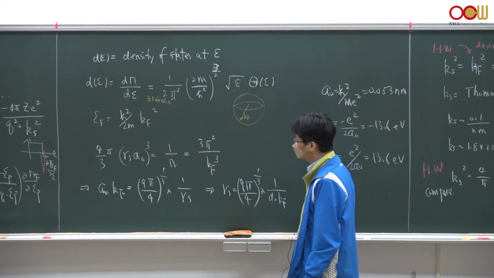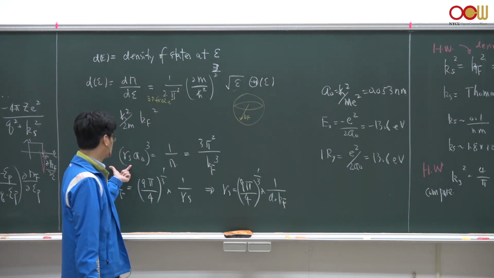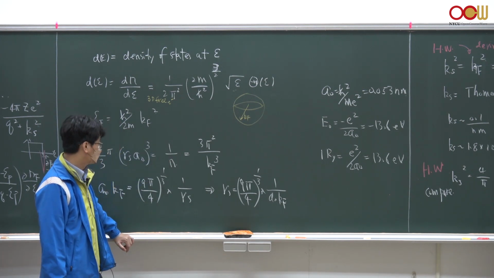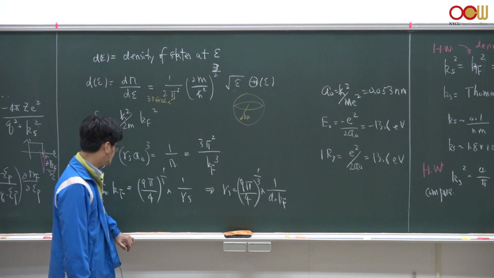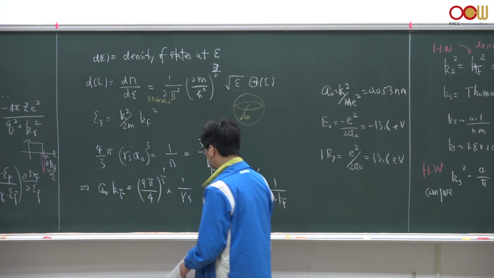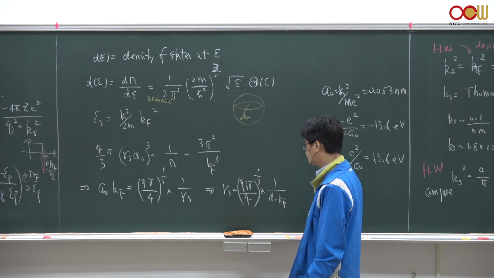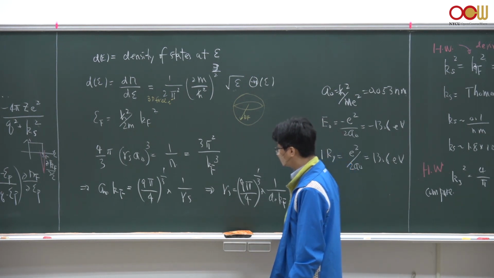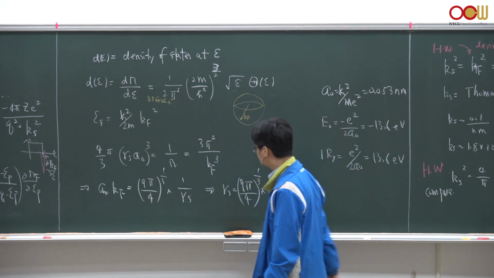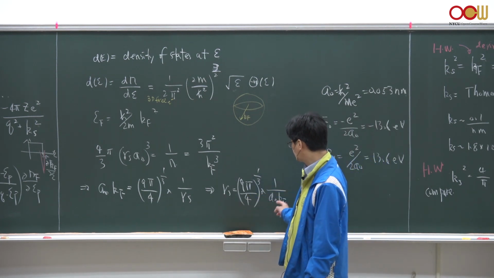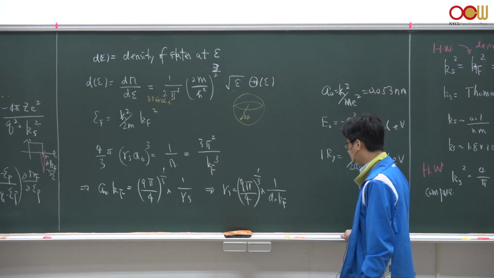The volume of the Fermi sphere is nothing but 1 over the electron density per unit volume, and you could get this a0 kF product, which is given by this prefactor times 1 over rs, and therefore rs is given by this combination.